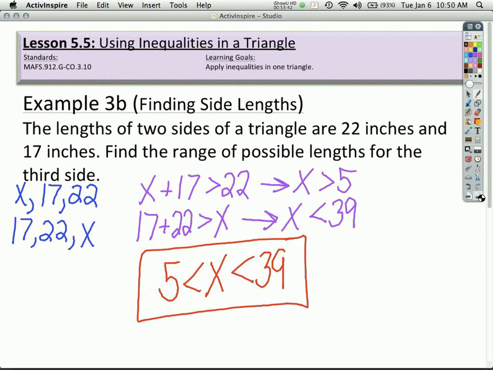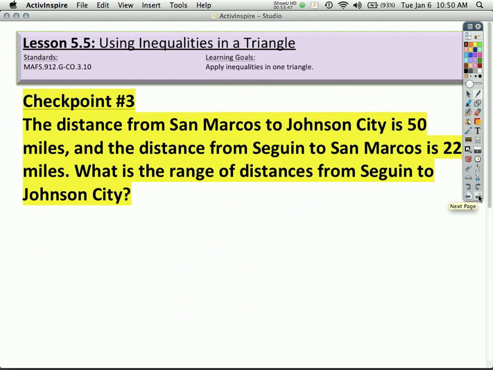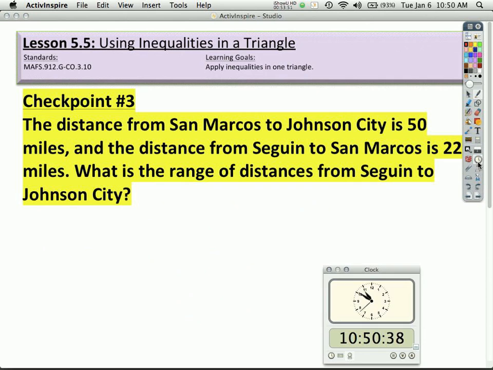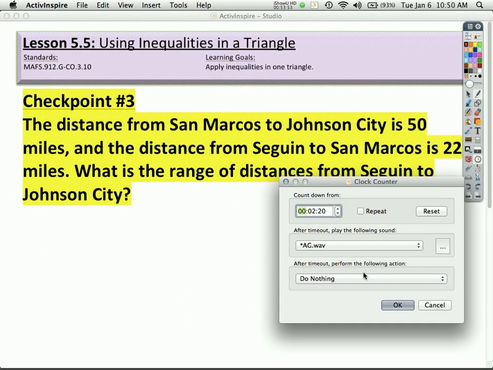Okay, final checkpoint. You do not have to copy anything, but you need to find me a solution. You got 2.5 minutes.